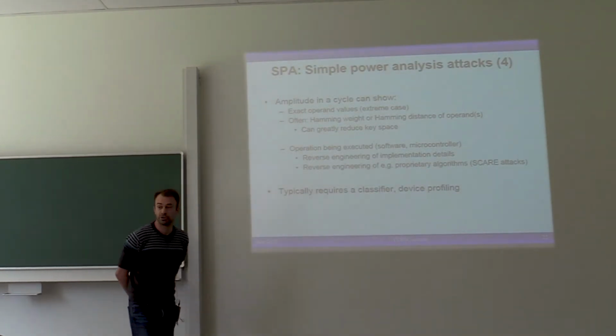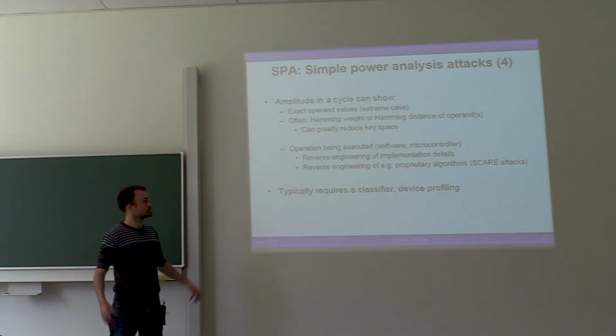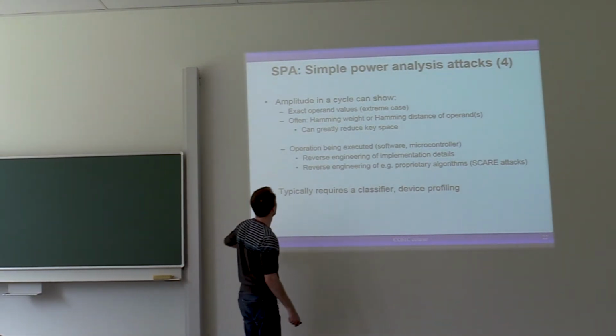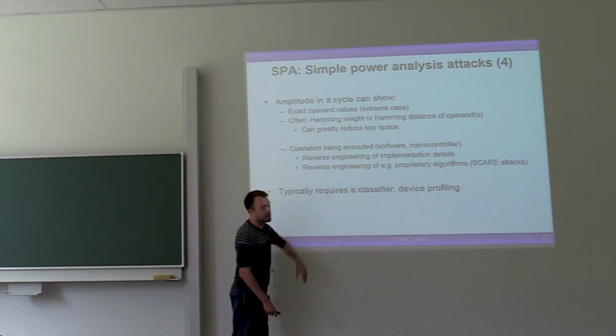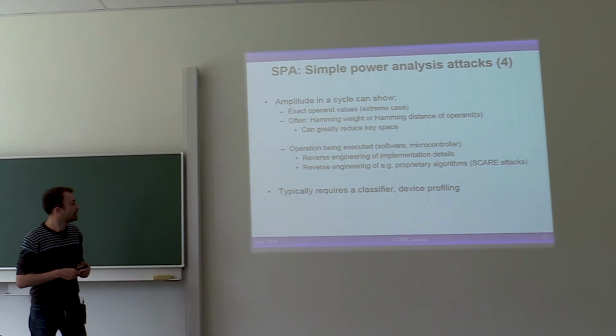Already that can greatly reduce your search space. If I tell you all the Hamming weights of the key bytes, it's going to be much easier to actually exhaust the remaining key space. If it's a software implementation, you may be able to figure out what kind of operation is executed in that clock cycle.